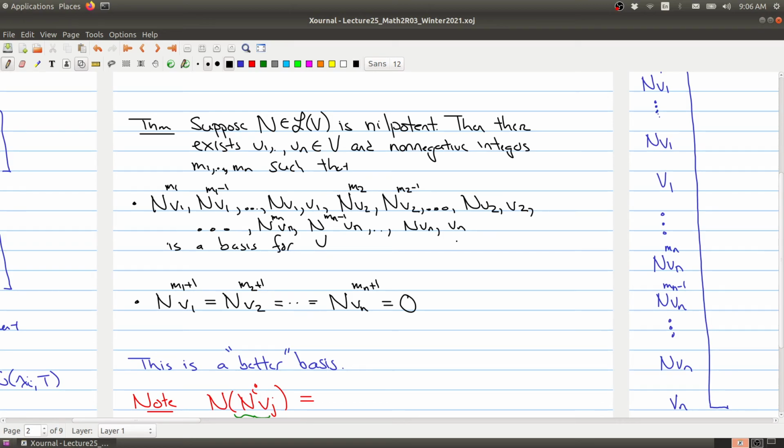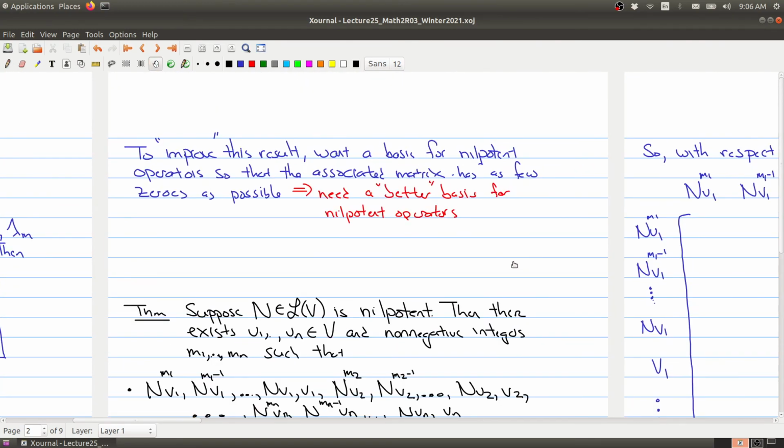Then you apply N to all of those, then apply N to all of those again, and you keep doing that. But for v_1, you stop after you get up to m_1. For v_2, you stop at m_2, and so on. The claim is that this is a better basis, and when we come back from the break, I'll try to explain why this theorem gives the better basis, better in the sense that we're going to get a matrix with as few zeros as possible.